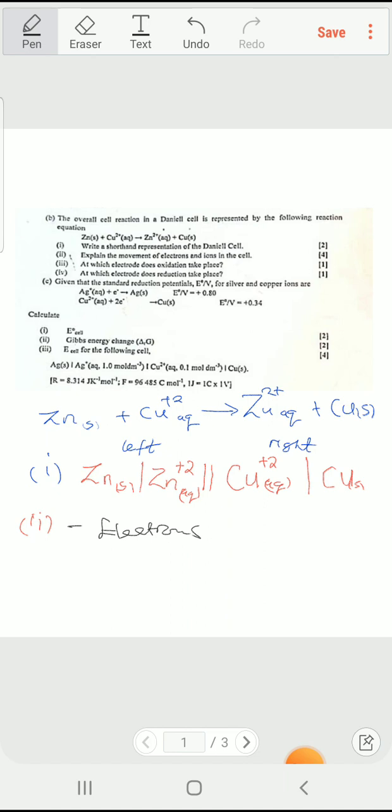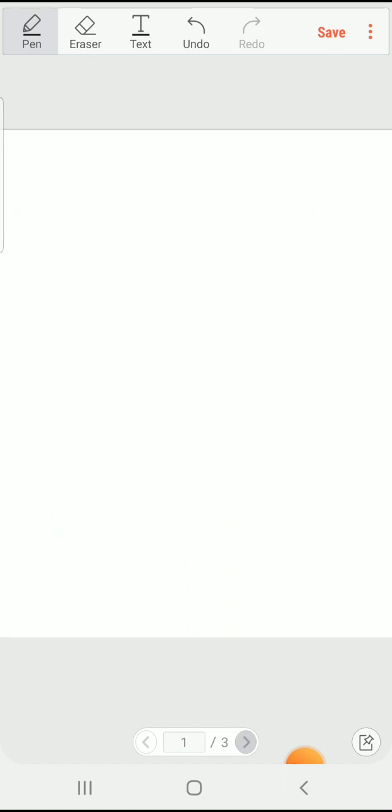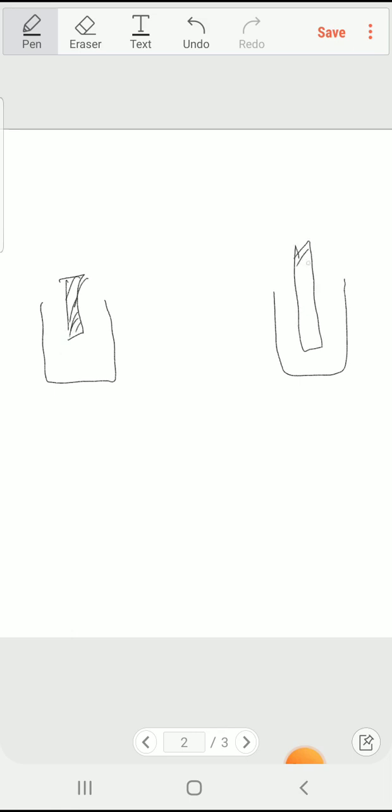So here, let me just give you this one. Like this one, you can see. Then here, I can put that this is an anode. Then here, this is a wire, a conductor. Then here, this is the solution, which is an electrolyte.